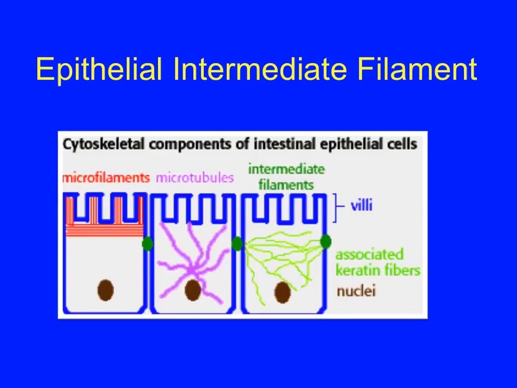You see on here, what are these green dots? They're junctions. Do you know what junction they are? The tight junctions. All of your epithelial cells, your polarized cells, are held together by a tight junction. But in addition to that, associated with the tight junctions are these filaments.